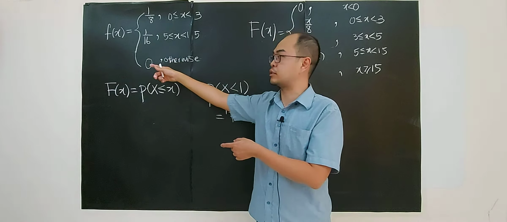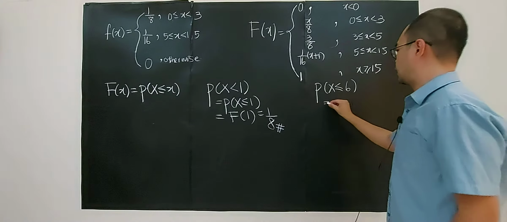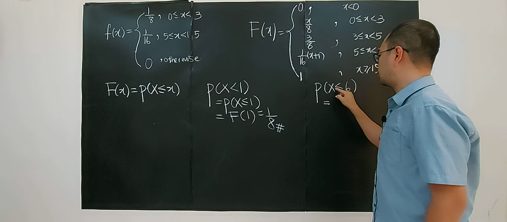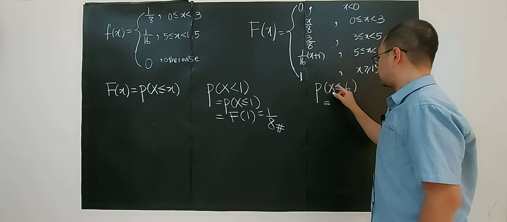Let's say I have P(X less than or equal to 6), for example. Find the probability using the cumulative distribution function, very simple. Either there is equal or no equal, you can rewrite this to be F(6).